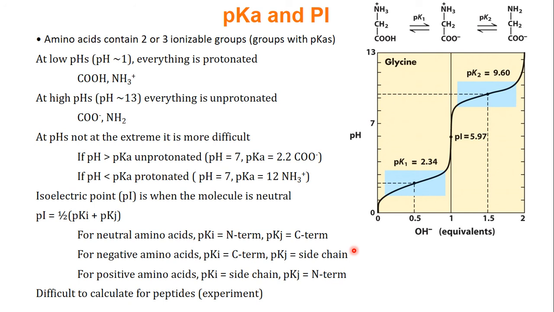The reason is that in a peptide, your side chains are going to be interacting with other charged or polar molecules, and because of that, your pKa's shift. That really has to do with a lot of physical chemistry, which this is biochemistry and not physical chemistry, so we're not going to get into that. We're just going to say experimentally it's difficult to calculate PI for peptides.